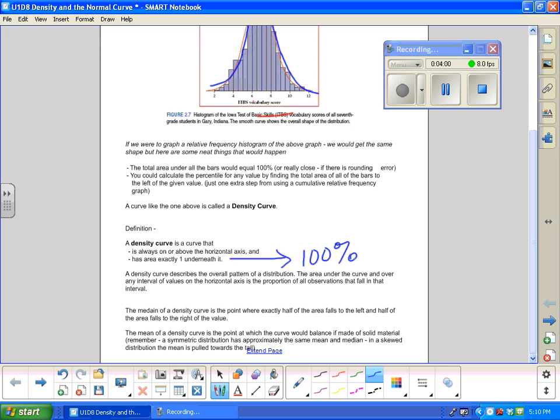Now, you're going to be asked on a few questions to prove that something is a density curve. If you want to do that, all you have to do is show that these two statements are true.